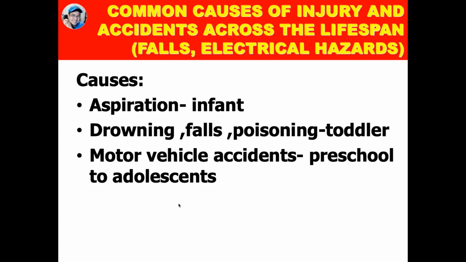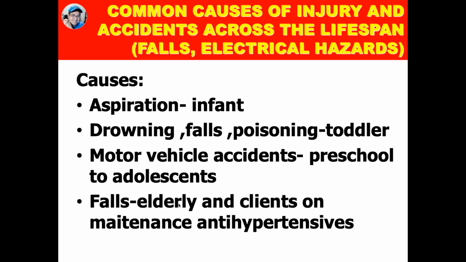They are very excited about procuring their driver's license and being able to drive a car, so they go beyond speed limits and are very much prone to motor vehicle accidents. For the elderly and other adults who have complications like hypertension, they are very much at risk for falls.